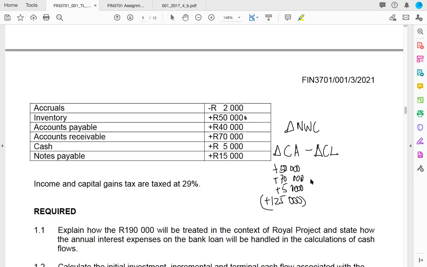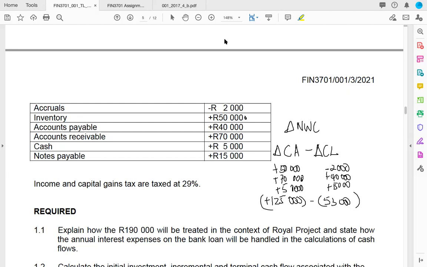And then the change in the current liabilities: accruals, current liability, accounts payable, current liability, and notes payable, current liability. So we then say minus 2 plus 40 plus 15, and we get 53.